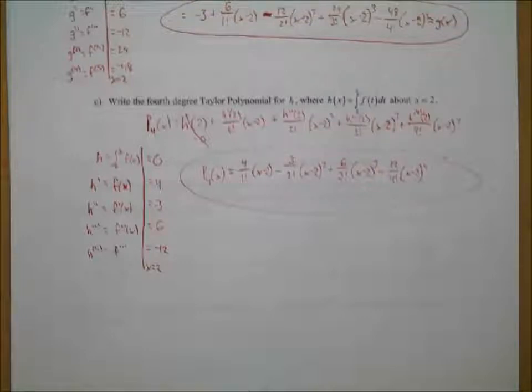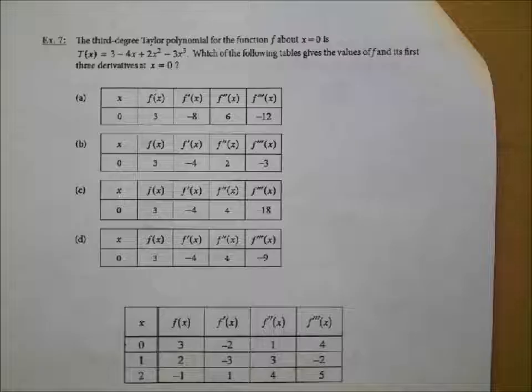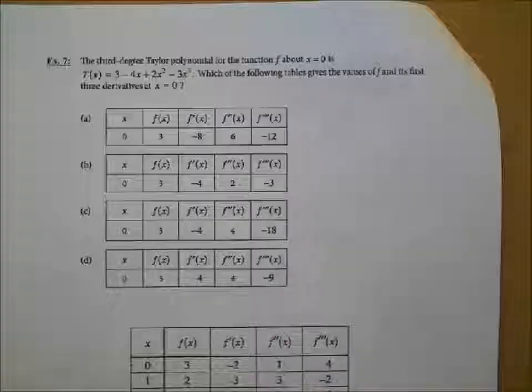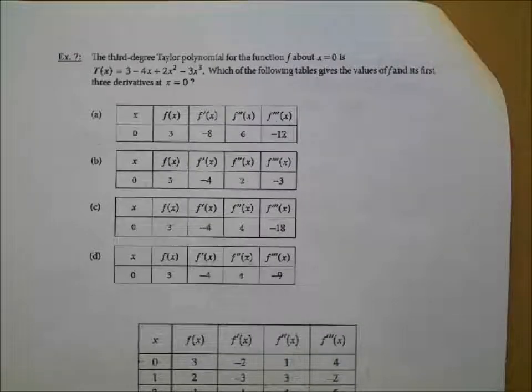Okay, so 7 and 8, I'd like you guys to consider those. Peruse. And number 7, you are given the Taylor polynomial for a particular function f. The Taylor polynomial is centered about 0, so you could really call this a Maclaurin polynomial too.